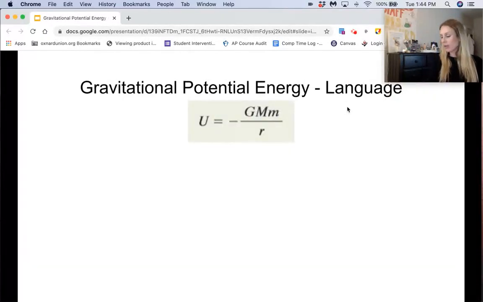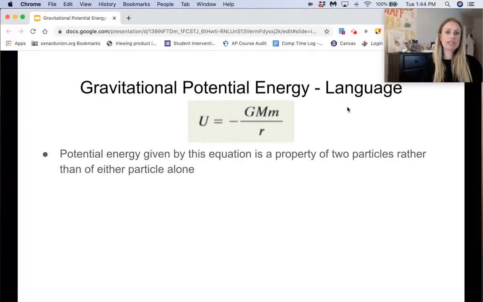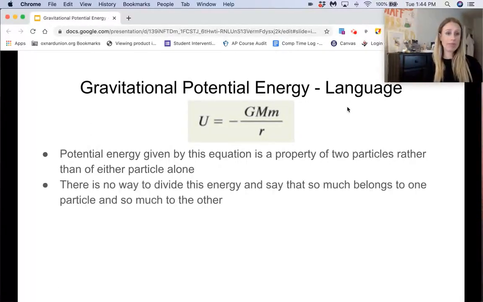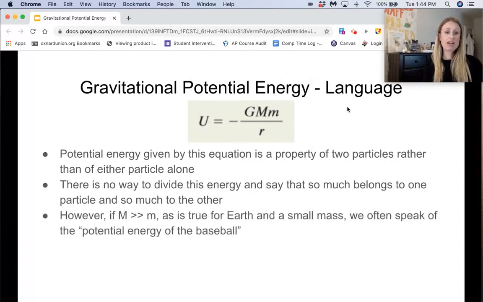All right, let's talk a little bit about the language of this using this equation. So the potential energy given by this equation is a property of two particles rather than of either particle alone, because we have big M and we have little m. Now, there's no way to divide the potential energy and say that so much belongs to one particle and so much belongs to the other.